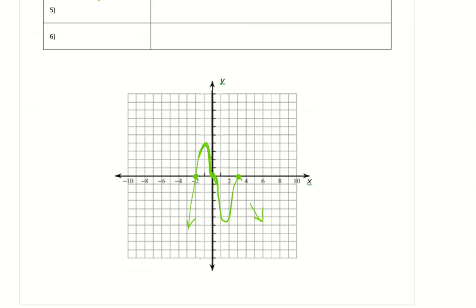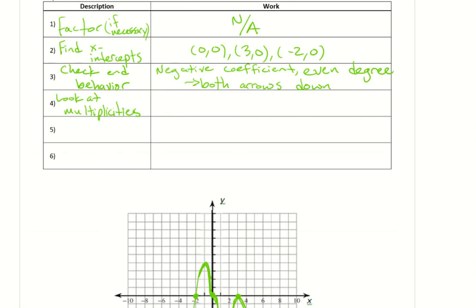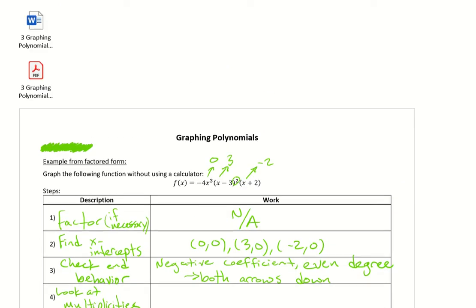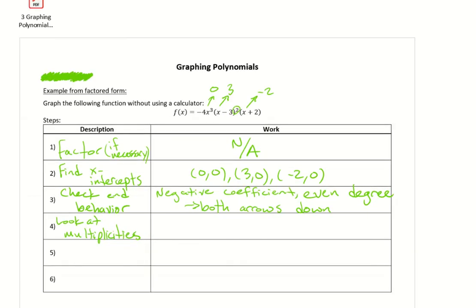I chose a function that had all 3 types. And so that's what the graph looks like, and those are our steps. There's really not a whole lot. Maybe I'll fill in this step 4 real quick.